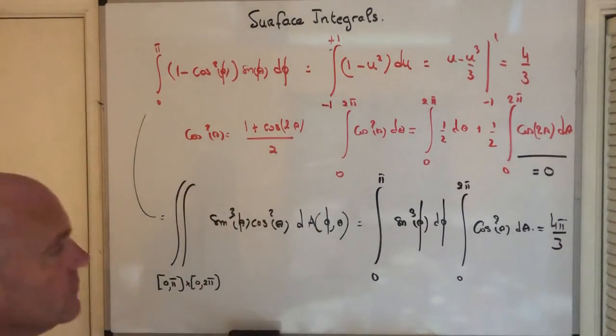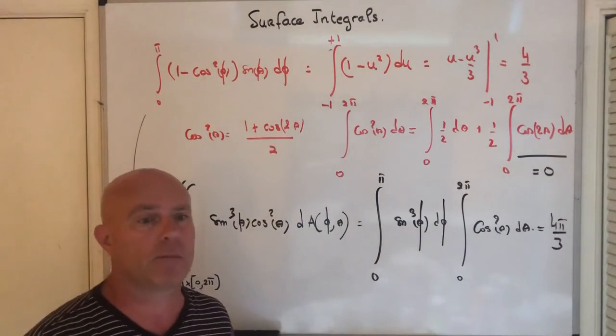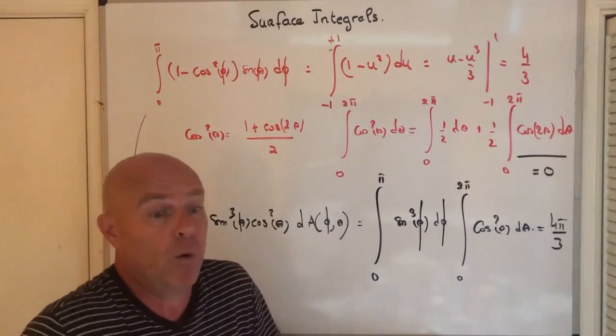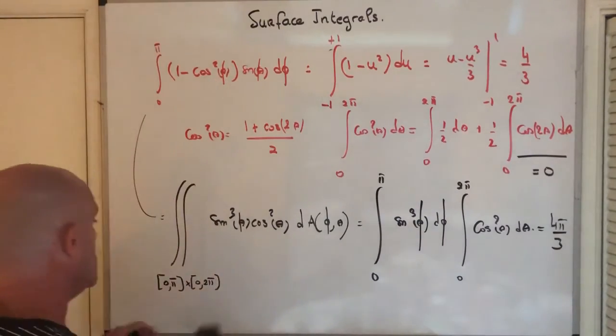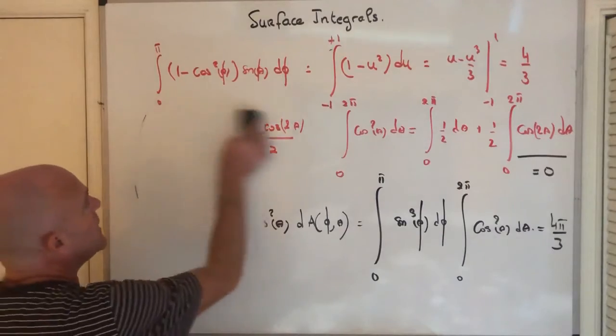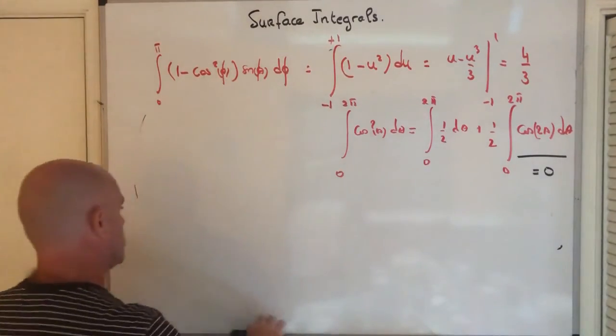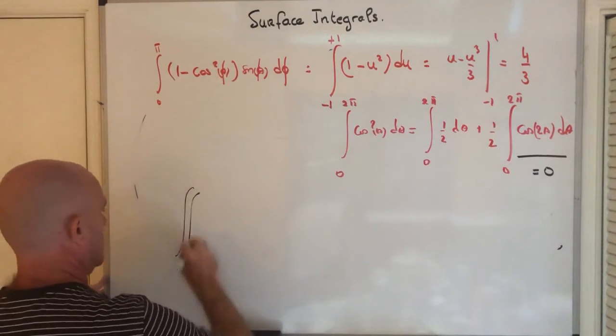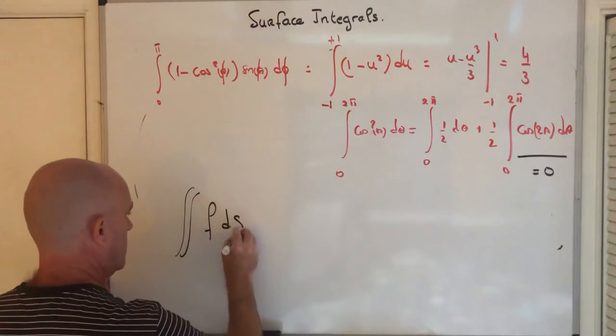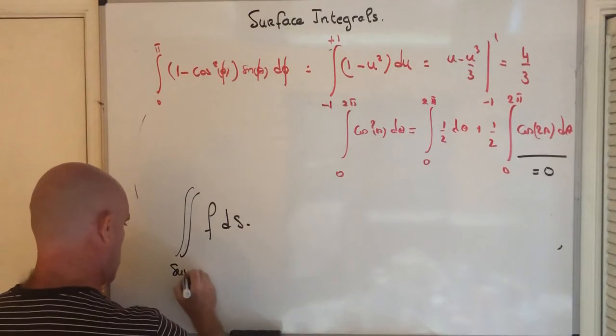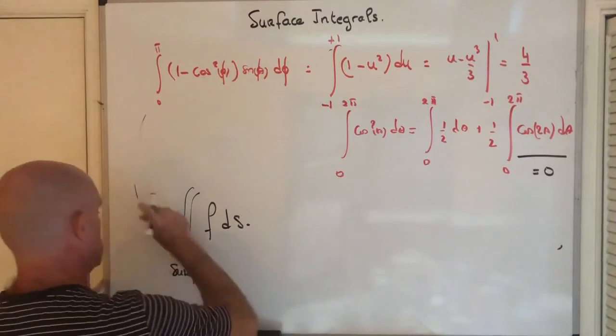Alright, so if you understand this example, you understand, let's say in theory, all the examples. The only thing that you have to do, I want quickly to repeat what is the surface integral. Let me write it like this.